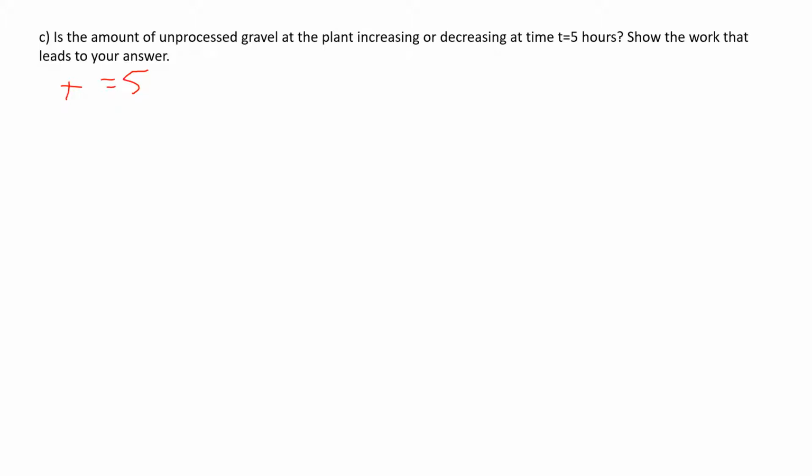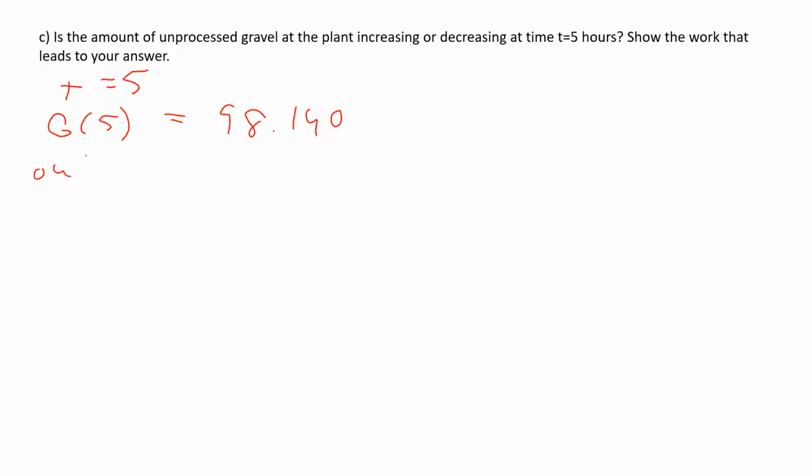So we're just going to evaluate G of 5. When you plug that into your calculator, you'll get 98.140. And we know the rate of output at t equals 5 is constant. It's always going to be 100.